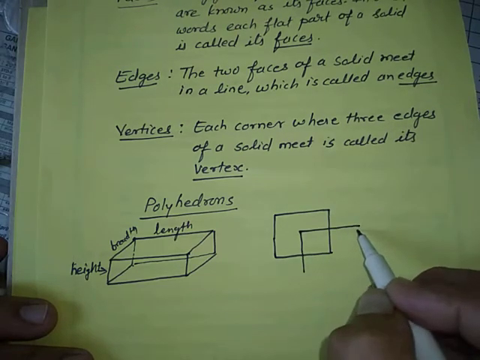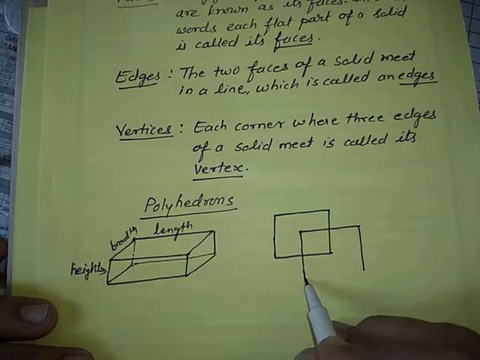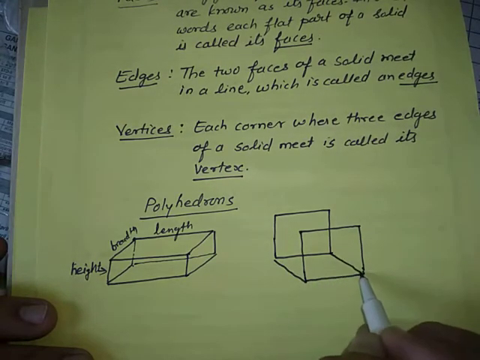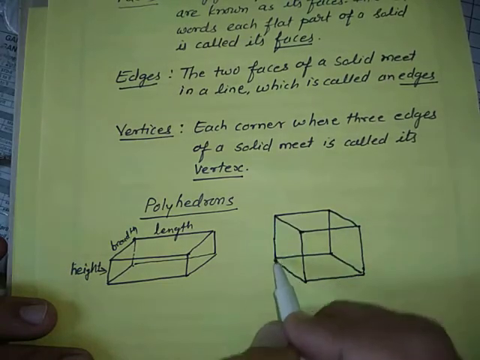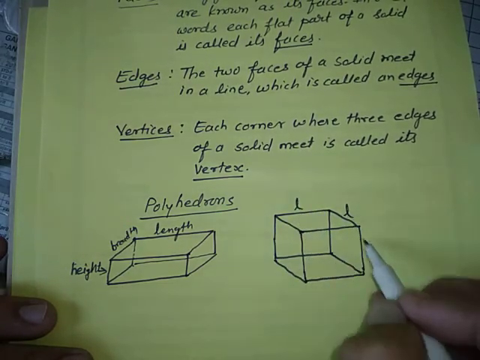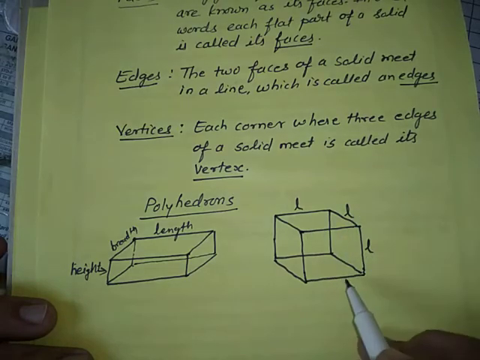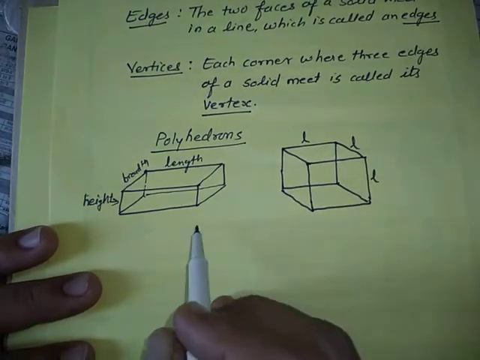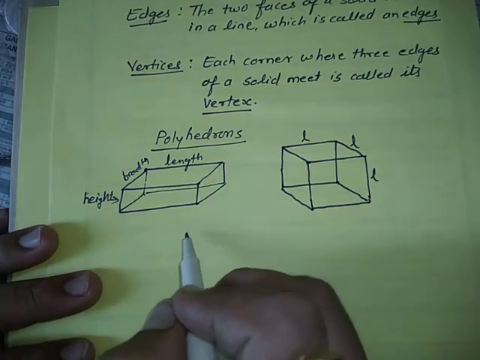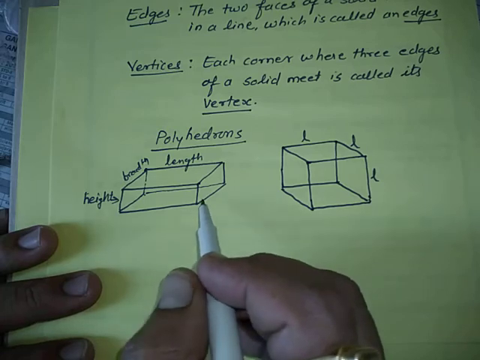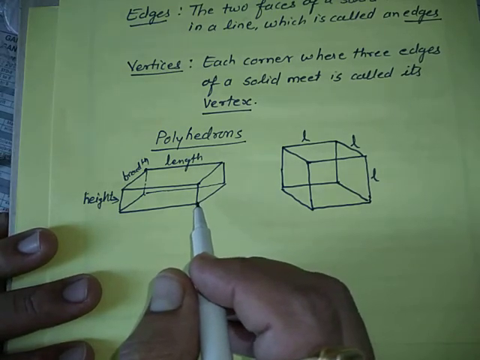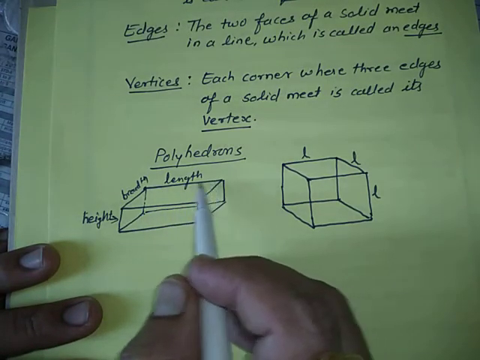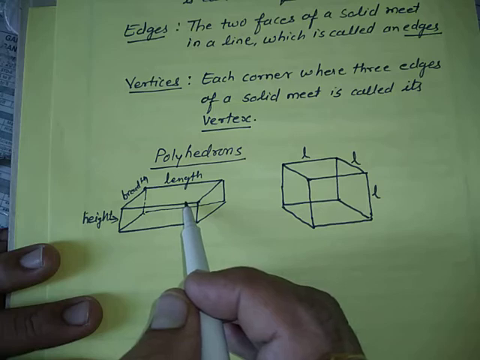Then we can say cube shape also, where all sides are equal. This is one of the forms I have learned to draw a cube, where length, breadth and height, all sides are equal. Then we can proceed further where we find edges, faces and vertices also. So these are known as edges.